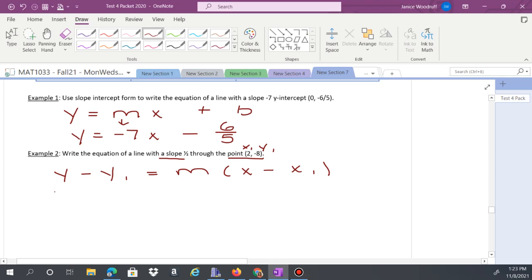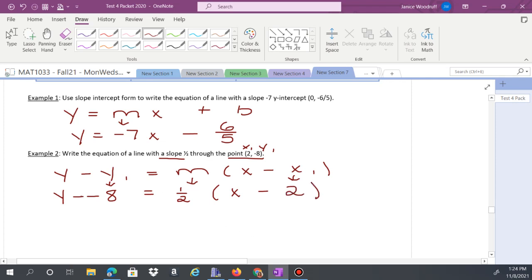If we plug those in, we have y minus, then y1 is negative 8, so negative 8 goes right there for y1, equals m. We'll plug m in, that is 1/2, and then parentheses x minus, then our x1 comes in, 2.